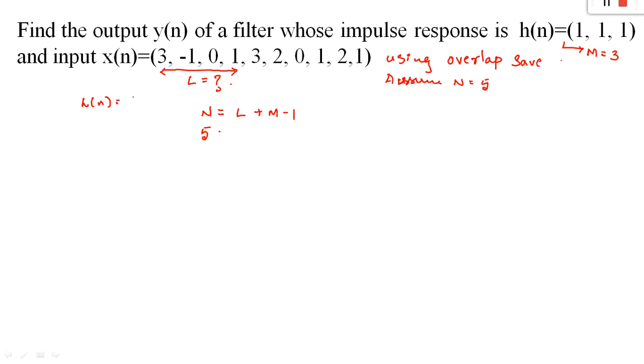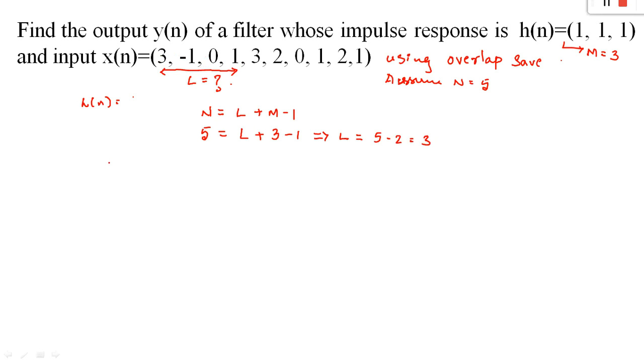Here I will put 5, then l I should calculate, plus m is 3 minus 1, which is 2. Again, if I take the l on the left hand side, l will be equal to 5 minus 2, that is equal to 3, which means that block of 3 input should be divided.